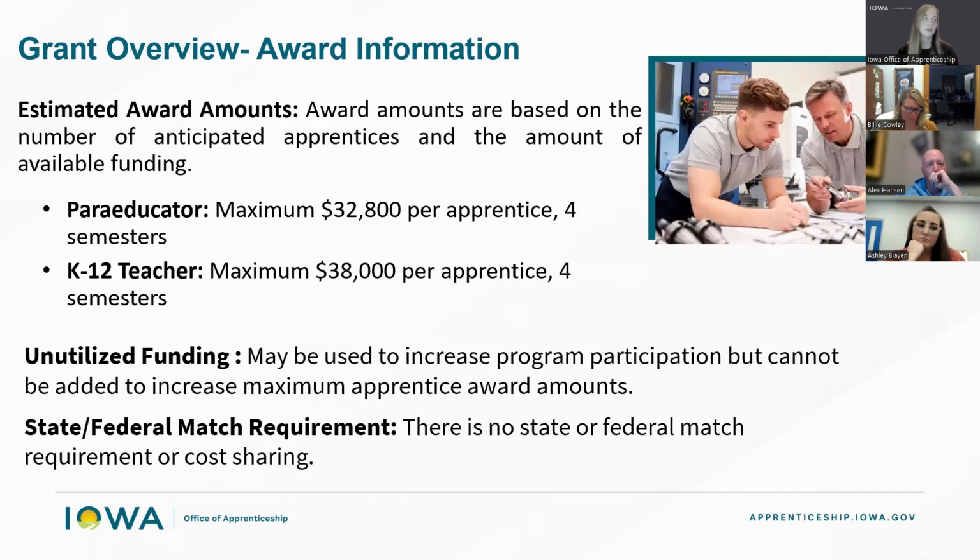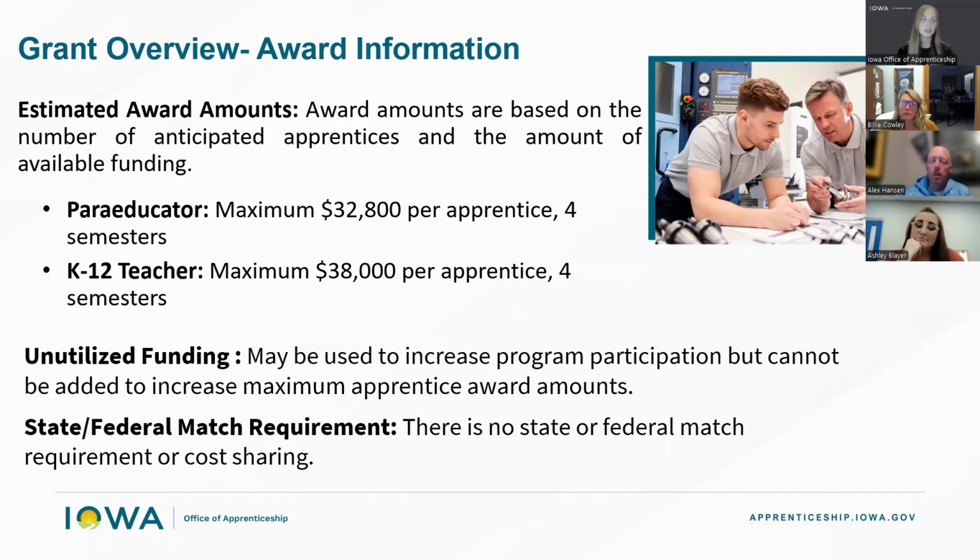So to flip over to the grant piece of things, that was just the program structure and the registered apprenticeship. And now we're going to review the funding piece of it. Award amounts are based on the number of anticipated apprentices and the amount of funding that is available. For paraeducators, the maximum award amount per apprentice over 4 semesters is $32,800, or $8,200 per semester per apprentice.